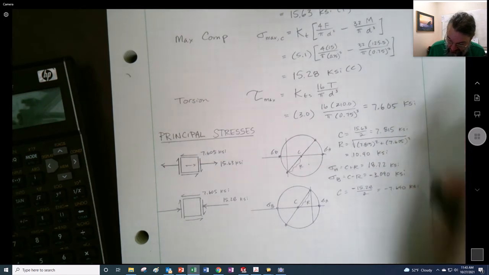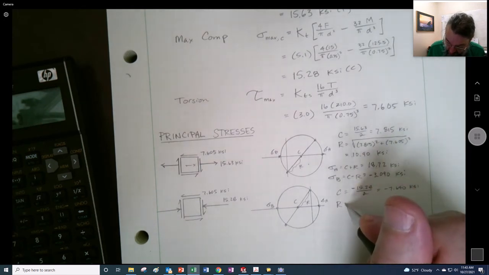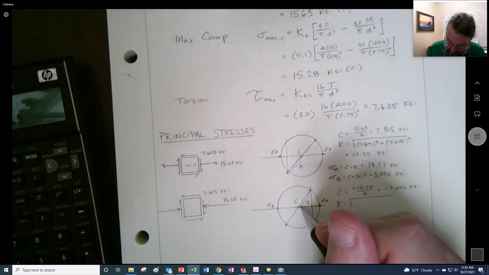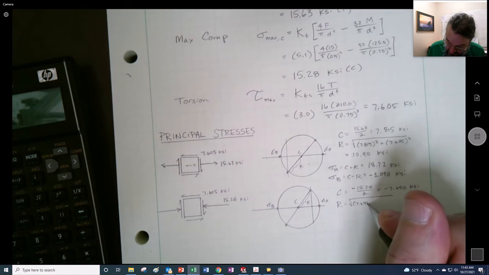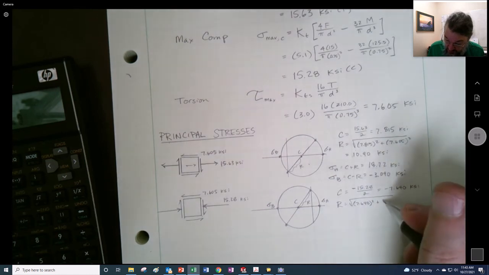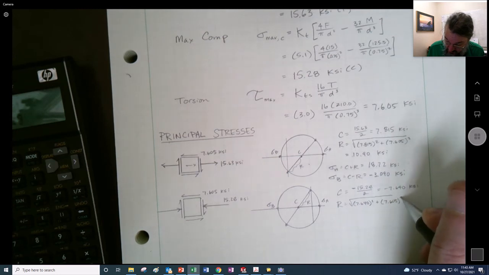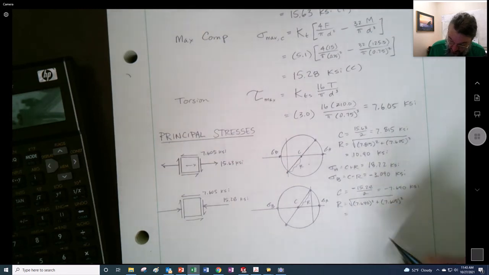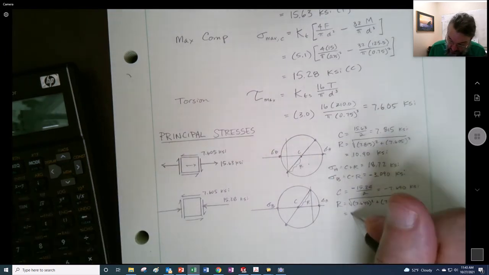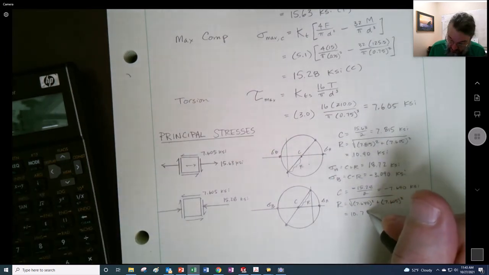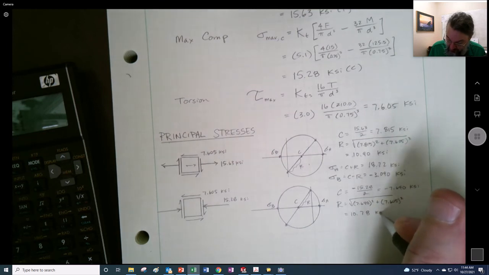Anyway, the radius here is going to be that distance right there: 7.640 squared plus my 7.605 squared, and so we end up with 10.78 KSI.